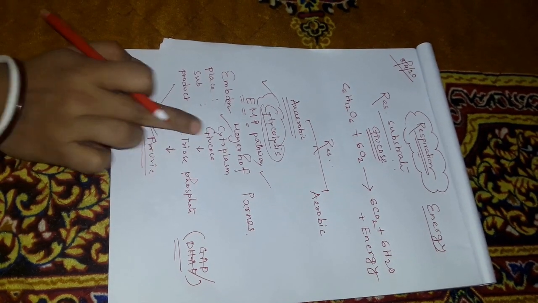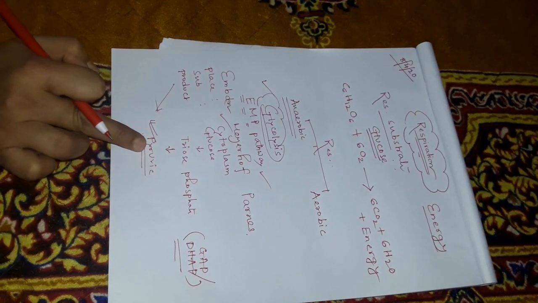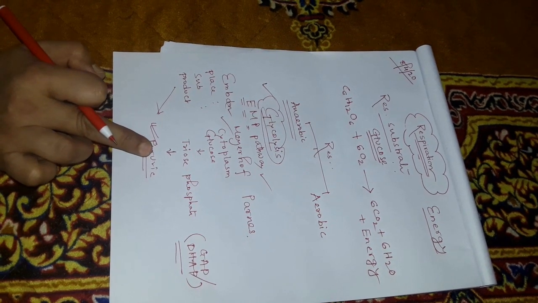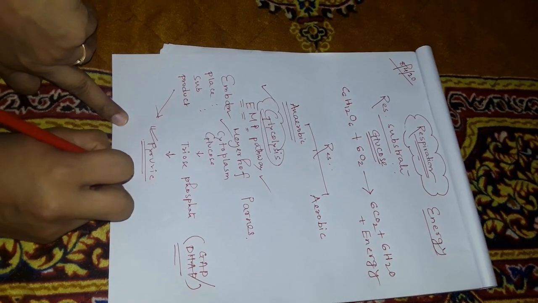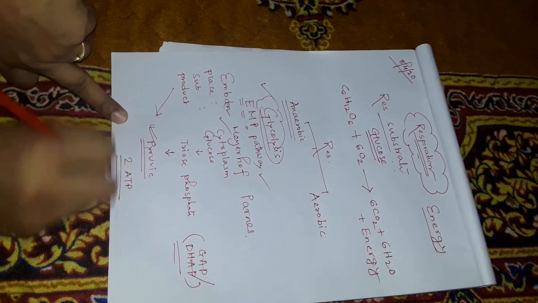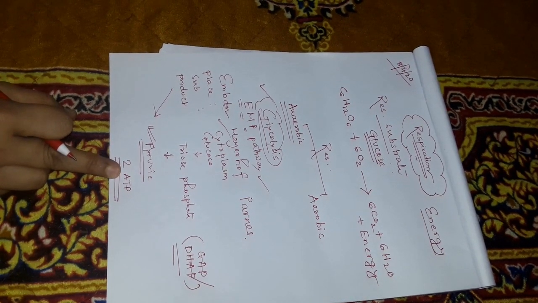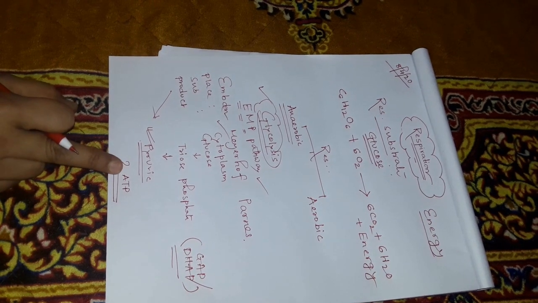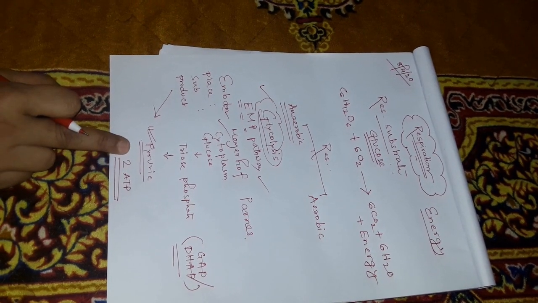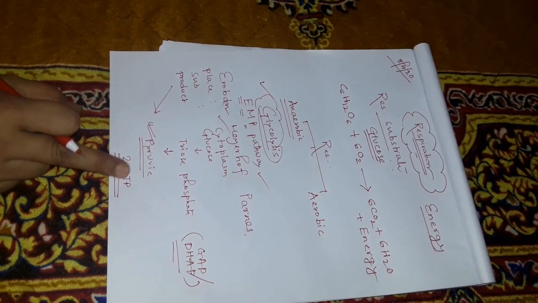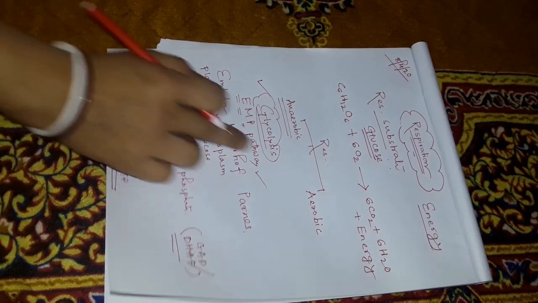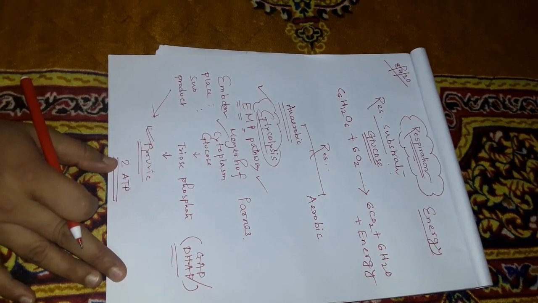So the glucose, triose phosphate, then pyruvic acid are formed, but it released a very small amount of energy. Only 2 ATPs are released. Where do we get it? In eukaryotic as well as prokaryotic cells, glycolysis is performed.